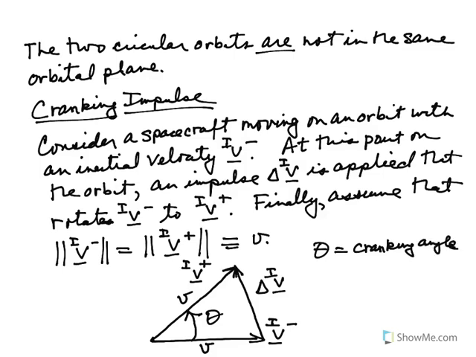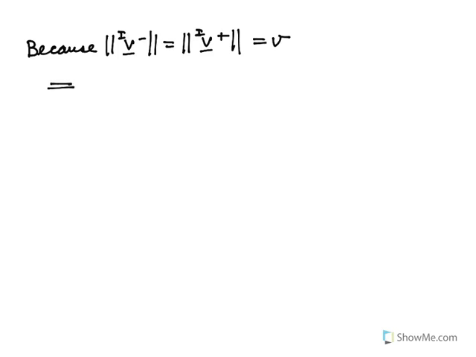And delta VI is what's called a cranking impulse. So we've now defined what that means. Now what is really important about a pure crank is that because the magnitude of VI minus is equal to the magnitude of VI plus, which is equal to V, that implies that the energy before the impulse is applied has to equal the energy after the impulse is applied.